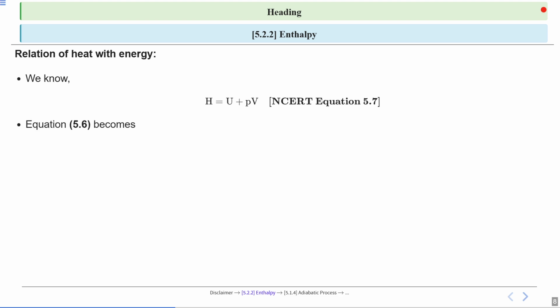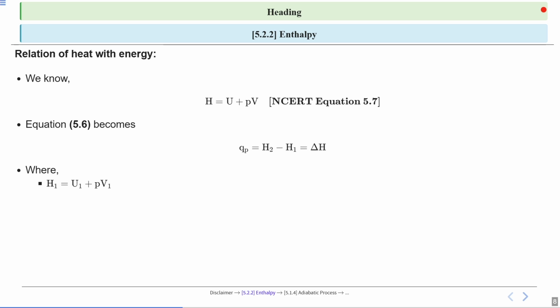Therefore, your previous equation, equation 5.6, becomes QP is equal to H2 minus H1. So for U2 plus PV2, we have written it as H2, and for U1 plus PV1, we have written it as H1, which gives H2 minus H1, which is delta H. So these are the substitutions that we have done.